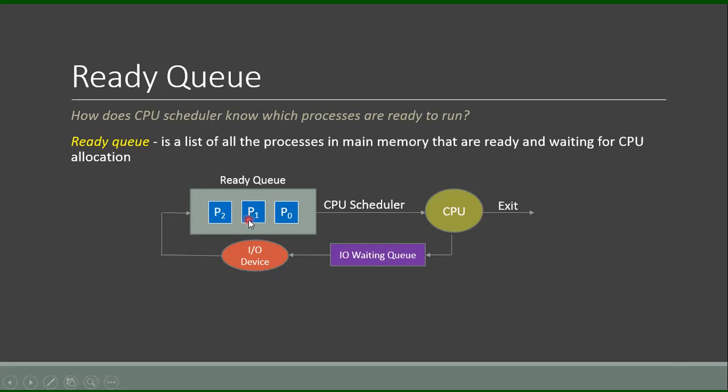It can select from these two processes and can allocate the CPU to any one of them. As soon as the IO device is available, the waiting process here, which was P0, will complete its IO operation and it will join back the ready queue.